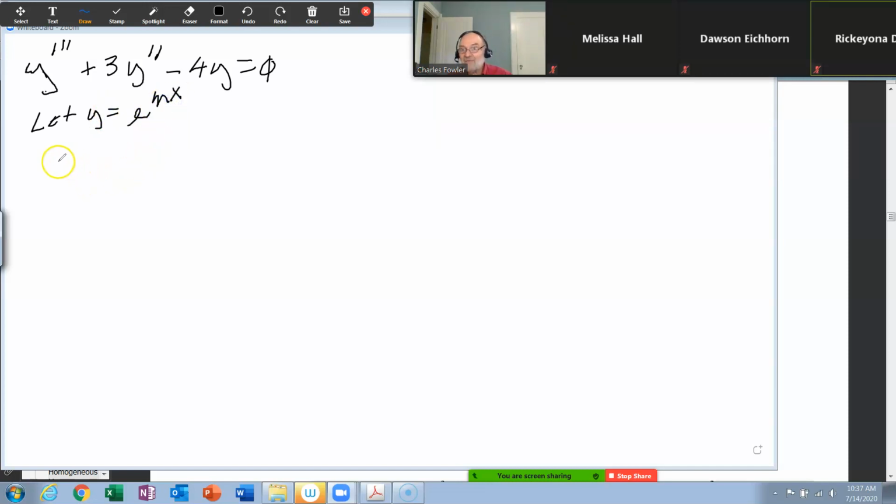So write down your auxiliary equation: m cubed plus 3m squared minus 4 equals 0. Notice we do not have a first derivative in that, so we do not have a linear term in our auxiliary equation.